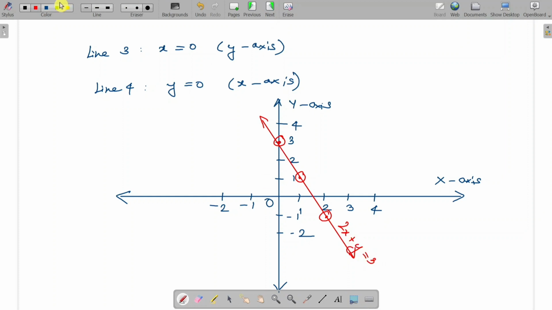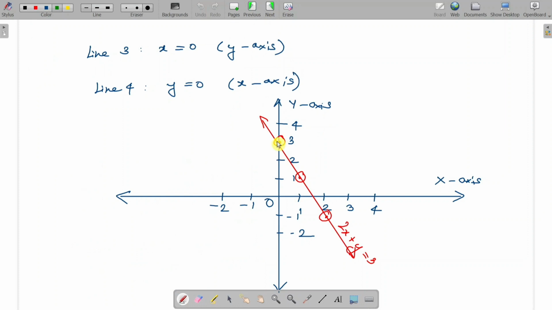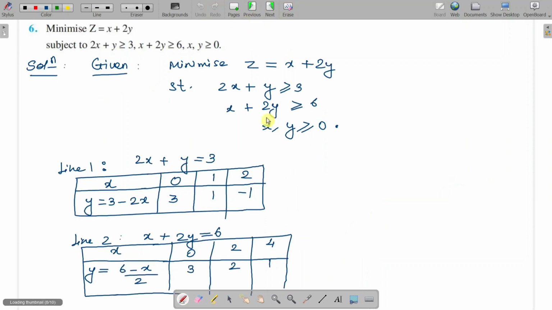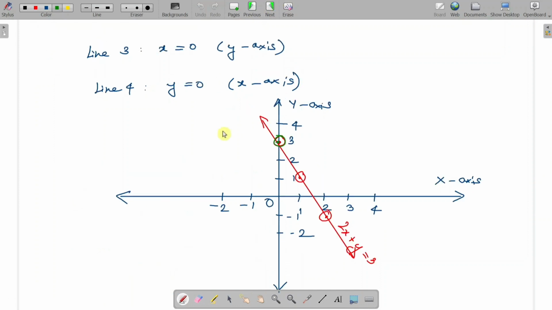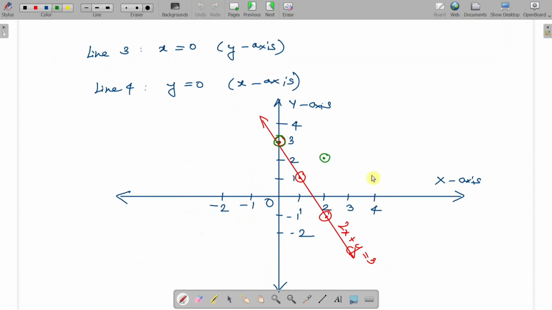Now the second line we will plot, which is nothing but x plus 2y equal to 6. Again 0, 3 is the common point. Then 2, 2 is here, and 4, 1 here, right?